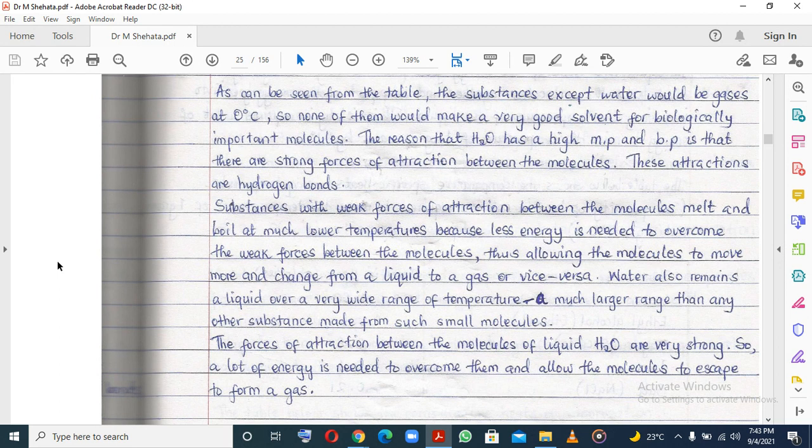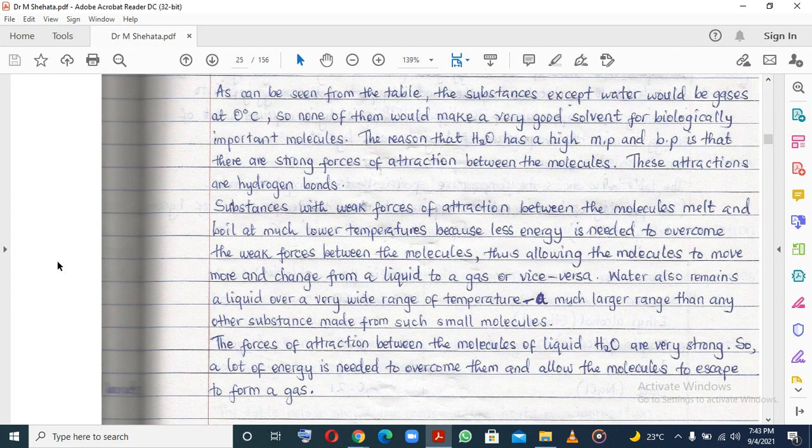But for something that has hydrogen bonds, part of the energy you are putting in goes into breaking the hydrogen bonds. Okay?